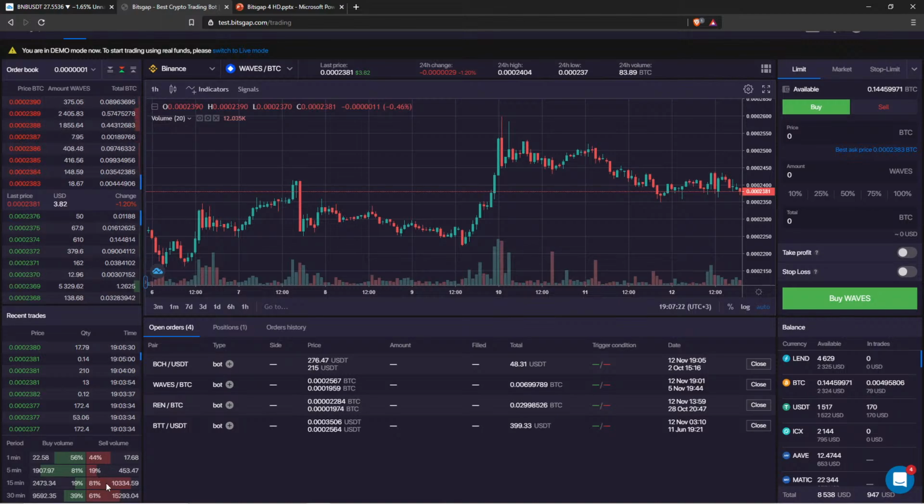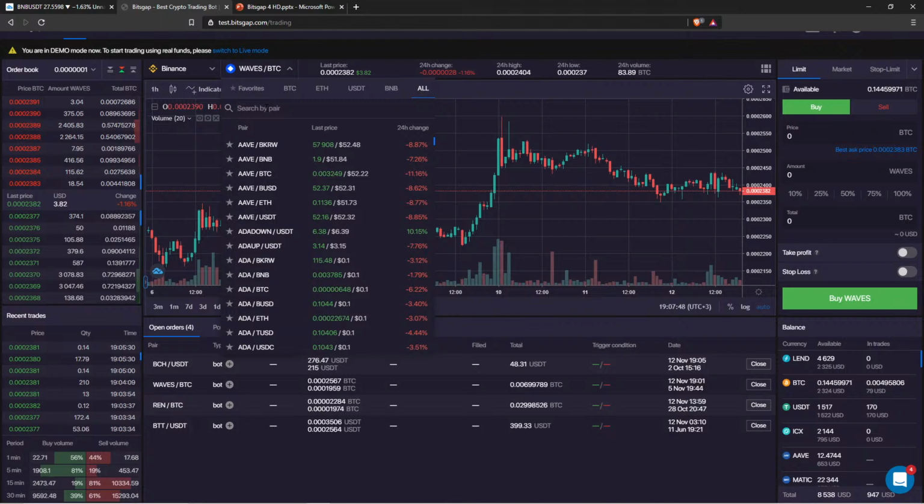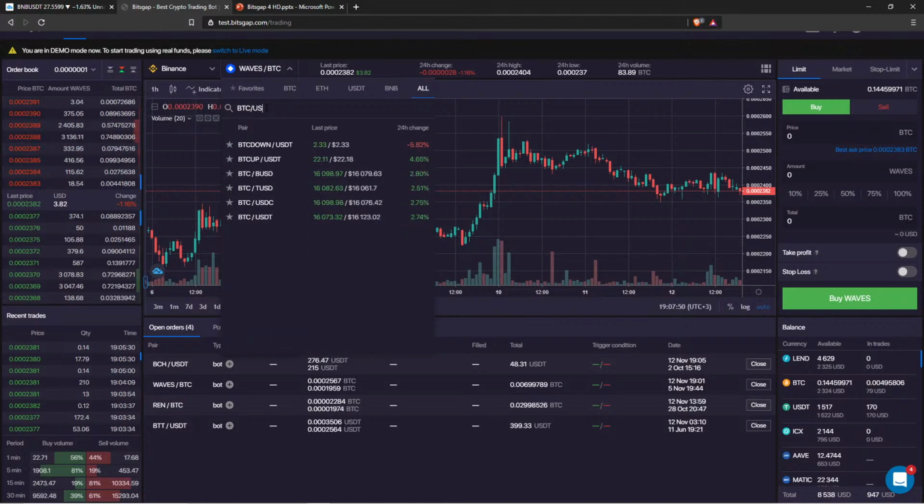It's clearly obvious here that during the last 15 minutes there was selling pressure on the market that significantly outstrips the buying power. So it looks like right now sellers are pushing the market, and that's for the Waves to Bitcoin pair. And here I can switch to another one.